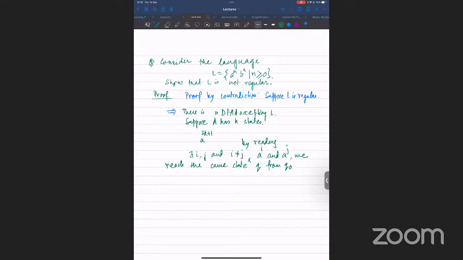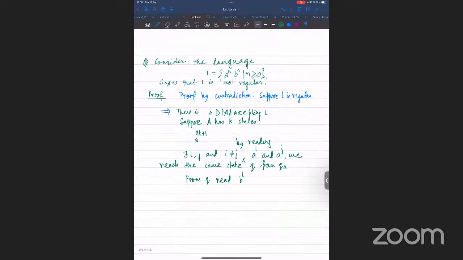Nice. Then from q, read b^i, and since a^i b^i belongs to L, we reach some qf belonging to F, right?